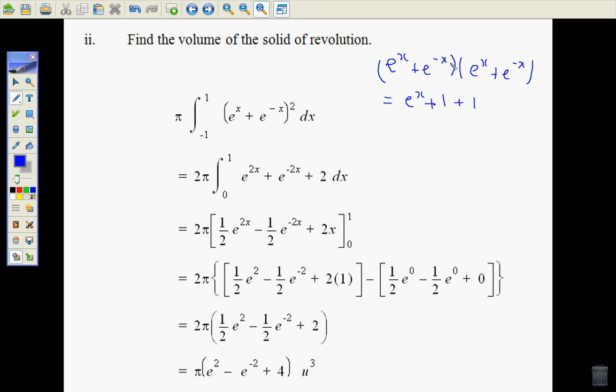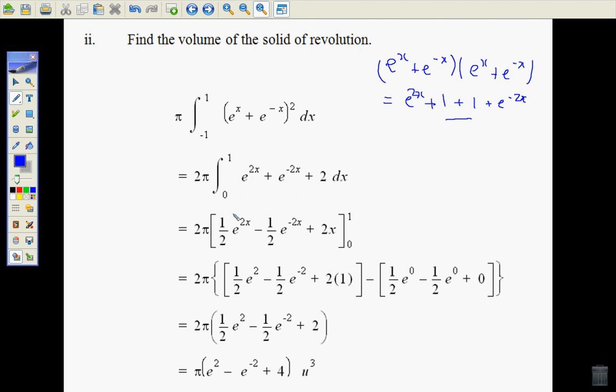And then e to the power of minus x times e to the power of minus x would be e to the power of minus 2x. So there's how I get down to the 2. 1 plus 1 is 2. And there's my expression that I need to integrate.